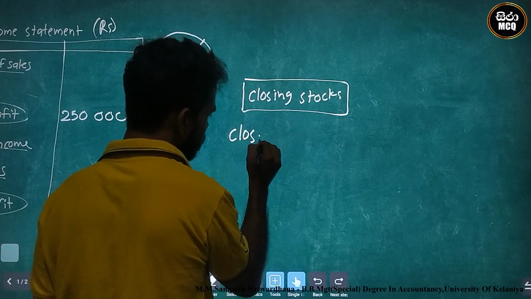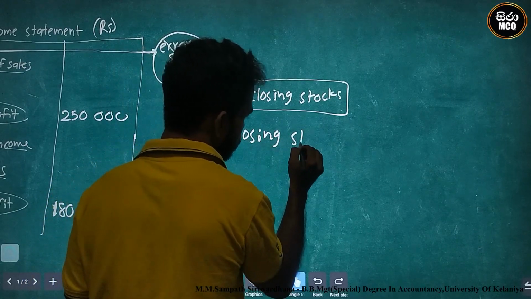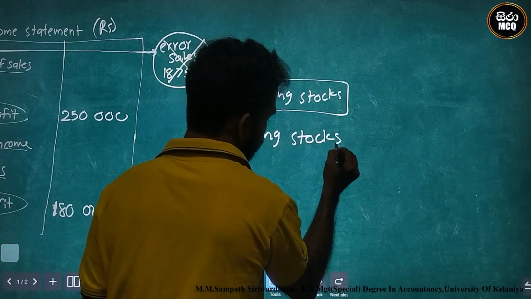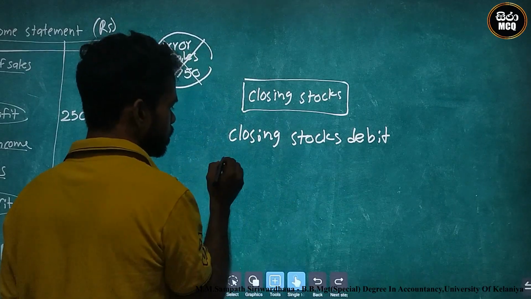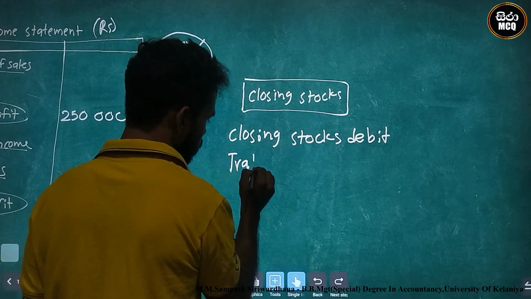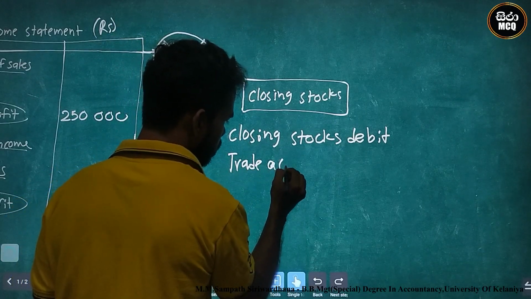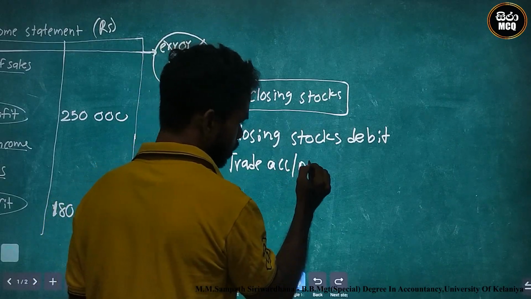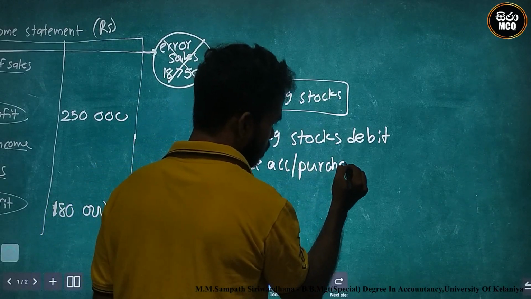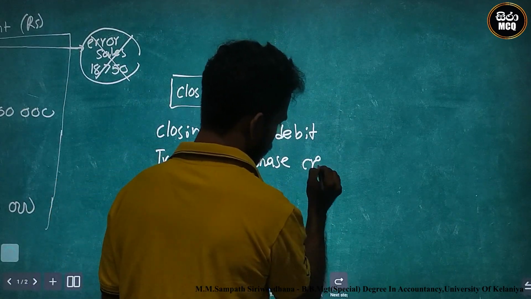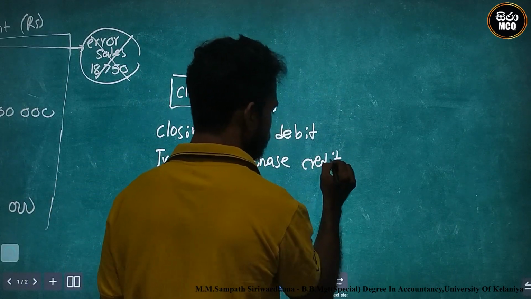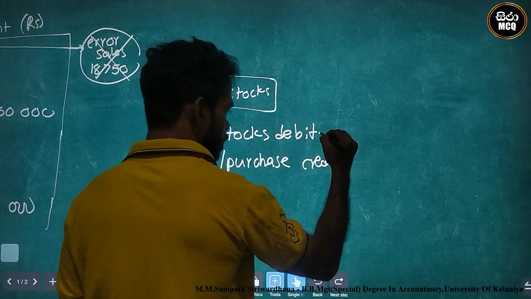Closing stocks debit, and trade account or purchase account credit. This is the double entry. What are the destinations?